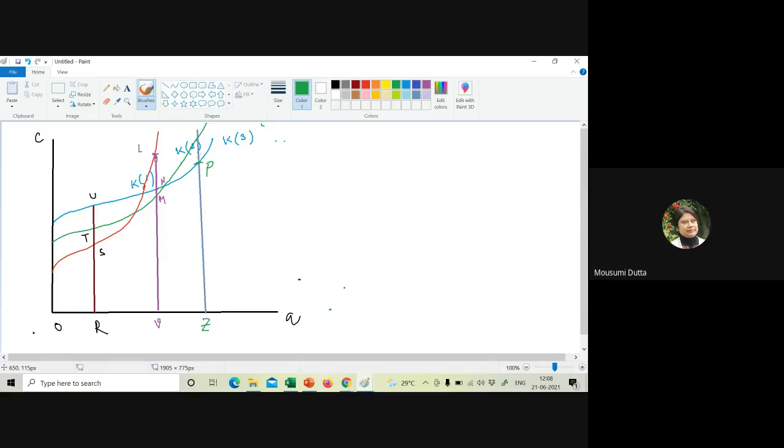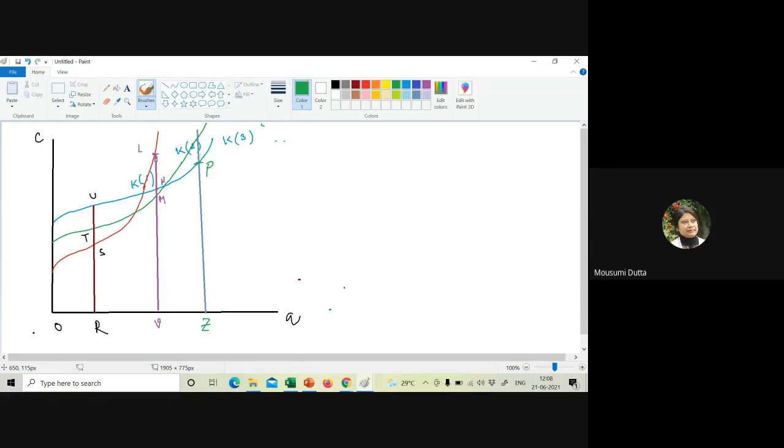Now, long run analysis tells us, we are considering different levels of output, OR, OV, OZ, and trying to find out which plant is giving me the best position. So long run indicates that. Now, for producing the level of output OR, I am selecting plant size 1.